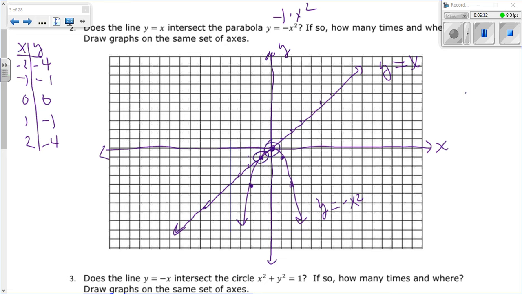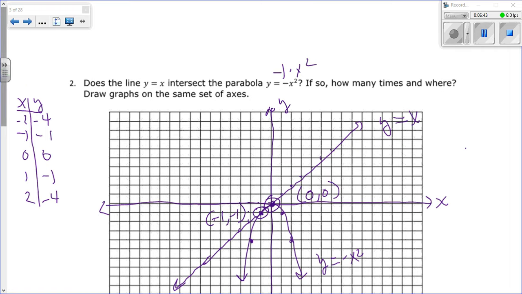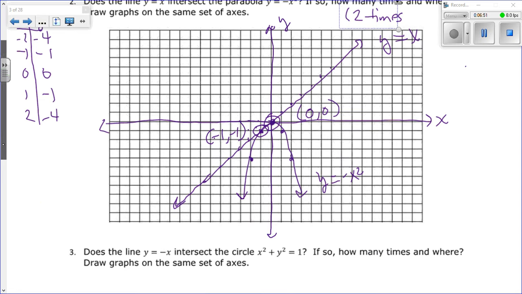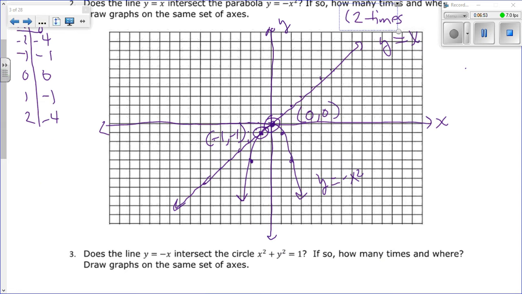Here and here is where they intersect. So they intersect at the point 0, 0, and at the point -1, -1. So it asks how many times, so it would be 2 times, and where. I already drew that for you on the axes at 0, 0, and -1, -1.